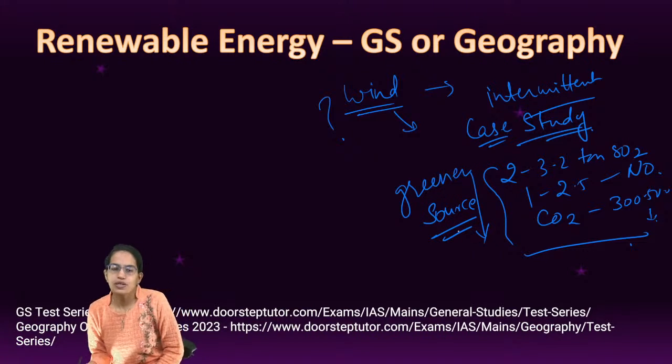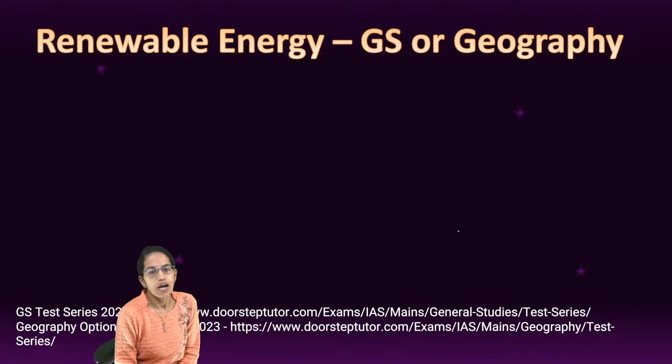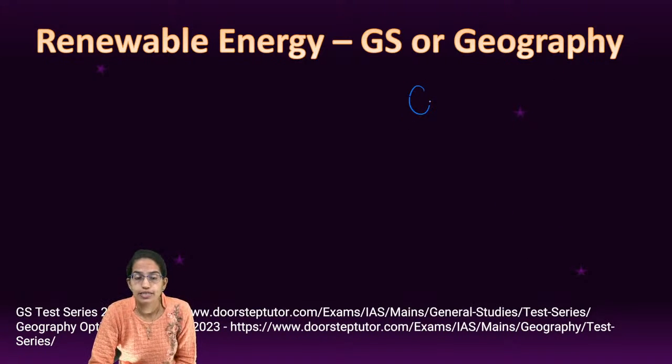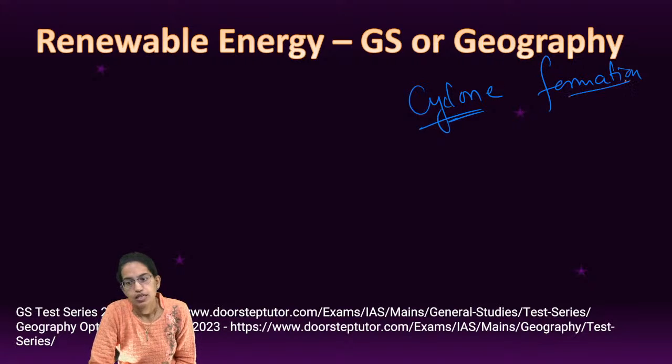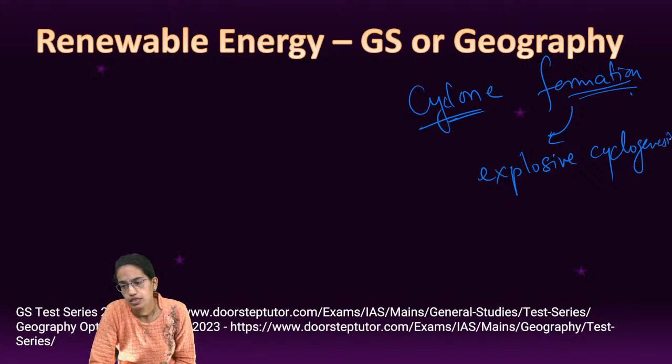Now, let me put another good example for you. I take another example of, let's say there is a question on cyclone or formation of cyclone. We call it cyclogenesis. Now, within this cyclogenesis, there is a form of cyclone generation which is known as explosive cyclogenesis.